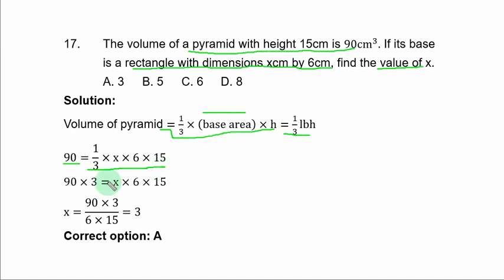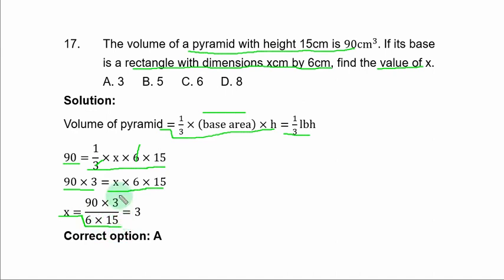You can multiply through by 3 to clear fractions, or you can simply divide 6 by 2, any approach you want to use. So we have 90 times 3 equal to S times 6 times 15. Divide both sides by 6 times 15 to get S. So S is equal to 90 times 3 over 6 times 15.